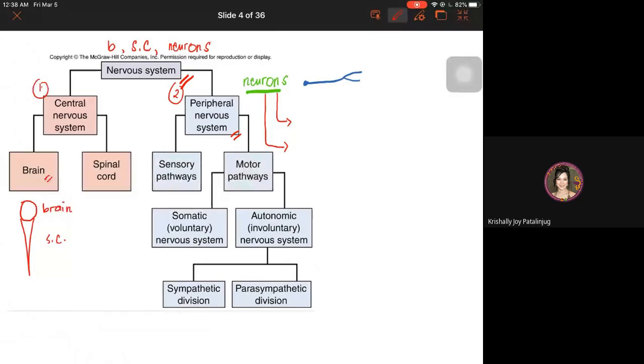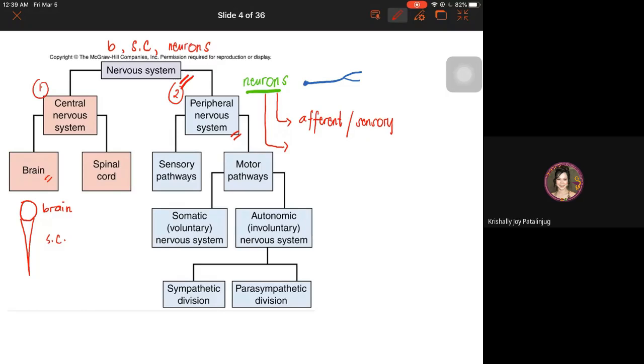First, may mga neurons tayo na tinatawag na afferent neurons or the sensory neurons. Again, afferent neurons are also known as sensory neurons.